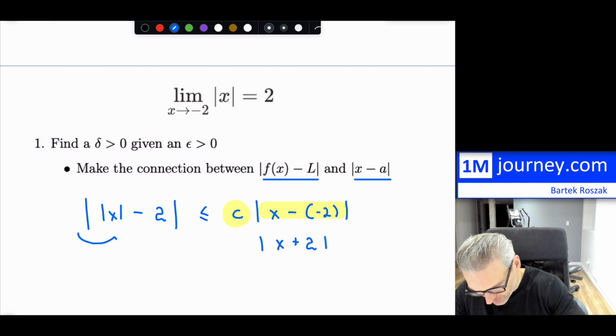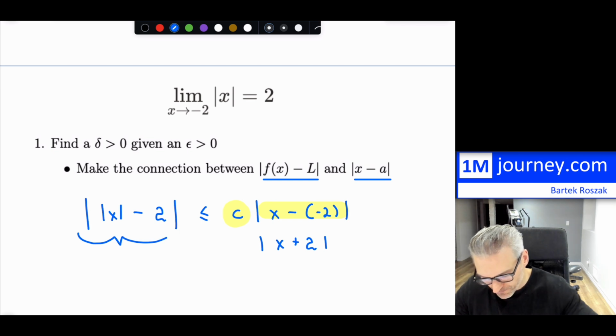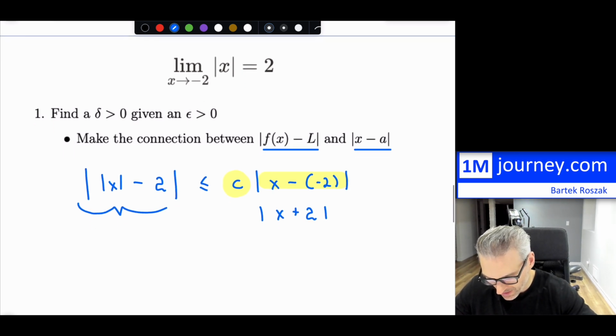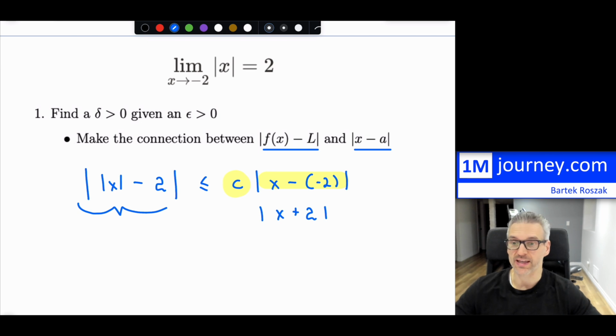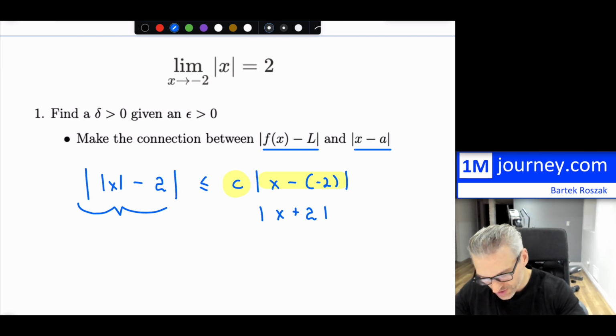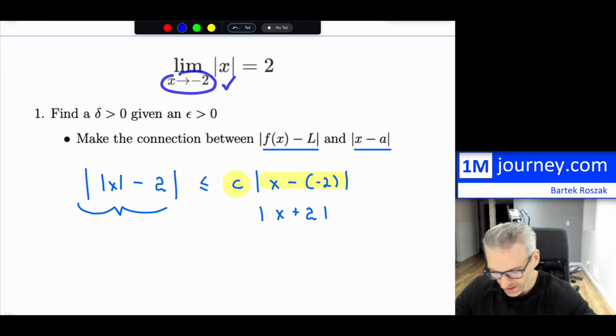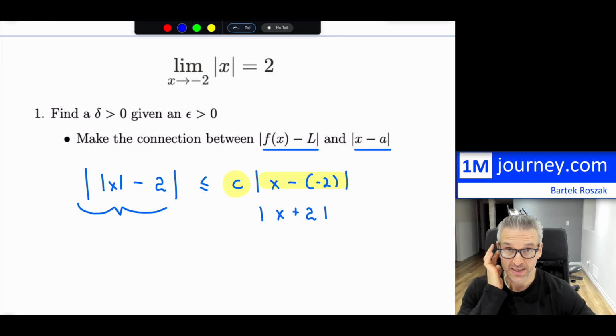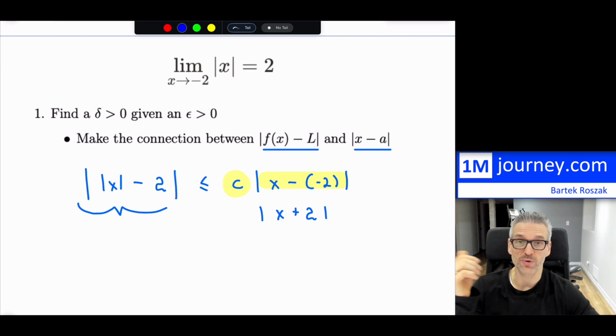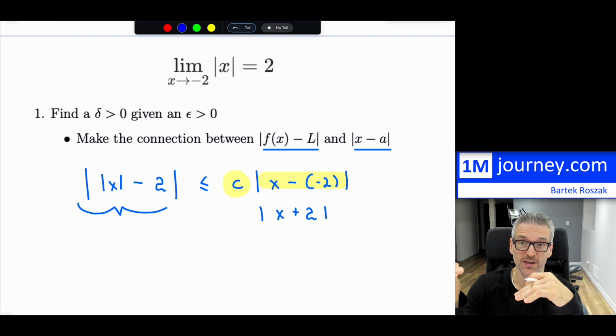That's what we want to do. So how are we going to do that? Well, we have a negative in there, so we're going to have to make a few assumptions and statements to make this hold. First of all, notice that our x is approaching -2, and because of that we can make an assumption that we're going to live within x on the negative side of the axis.